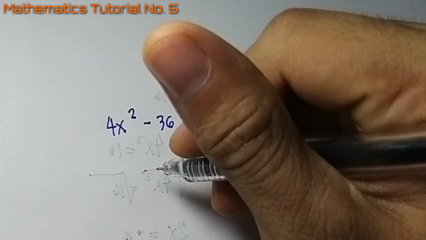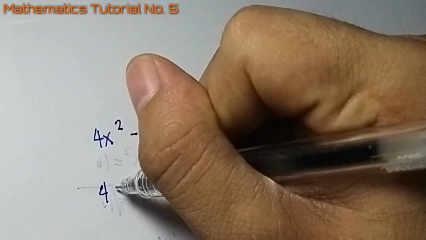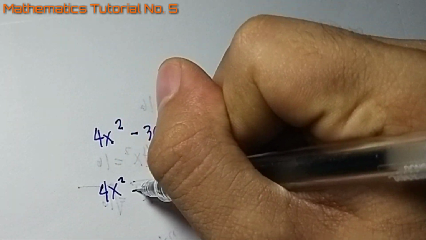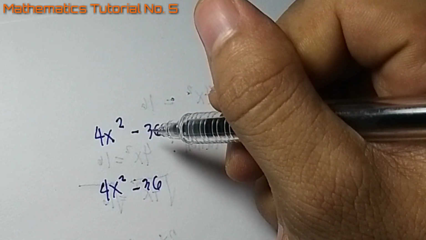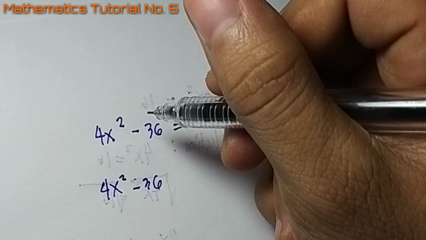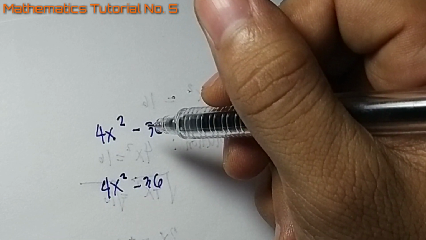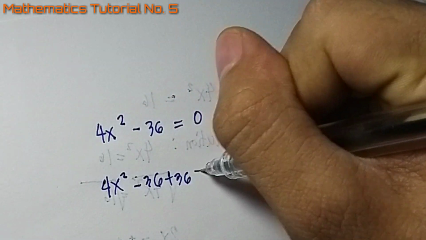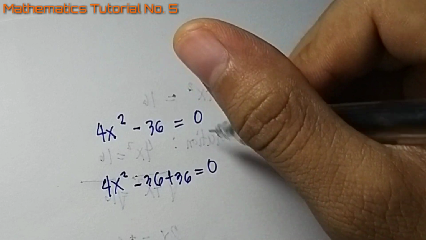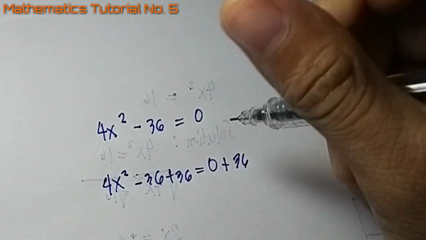Whatever we add on the left, we also add on the right. So what do we add? The inverse of our constant term. What is the inverse of negative 36? The opposite, which is positive 36. So we add positive 36 on both sides.